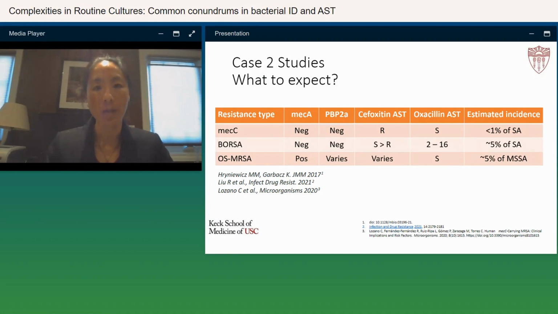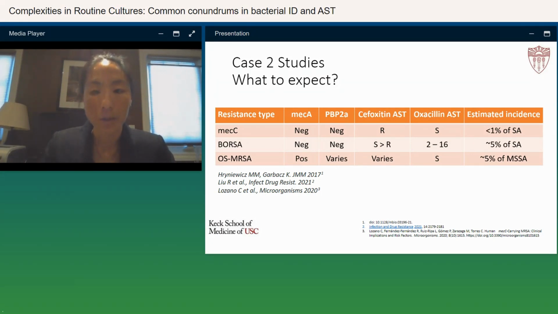Okay, so how often can we expect to find discordance in these various test results for methicillin testing in Staph aureus? I put together this table, just a little mini literature review. We mentioned mecC and borderline already, and then there's also something called oxacillin-susceptible MRSA. For mecC, the mechanism of resistance is a different gene from mecA, so the mecA analysis should be negative, and the PBP2A expression of the mecA gene would also be expected to be negative.